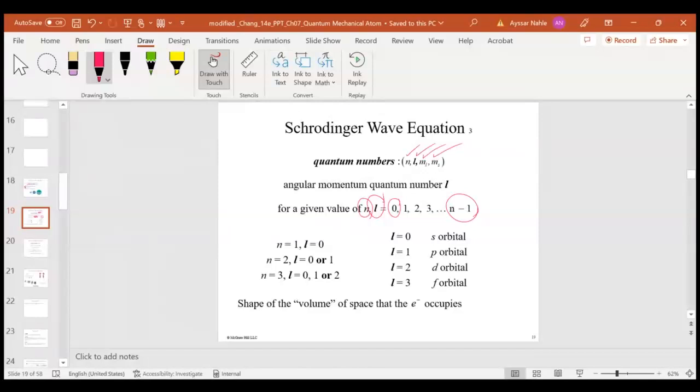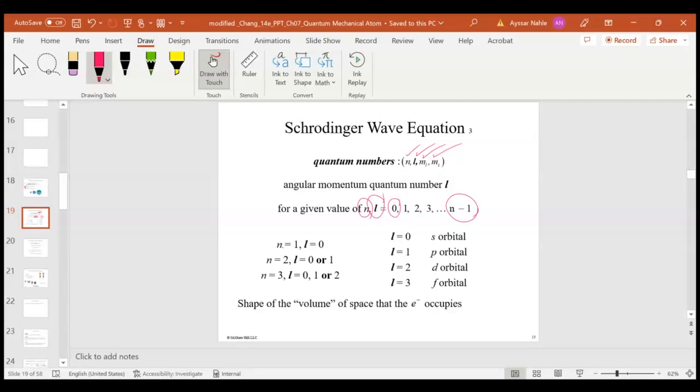That's the L. If n equals 1, L will be equal to 0, that's it. N equal to 1 means it has only one subshell. The one subshell is S, and therefore L will have only one compartment.